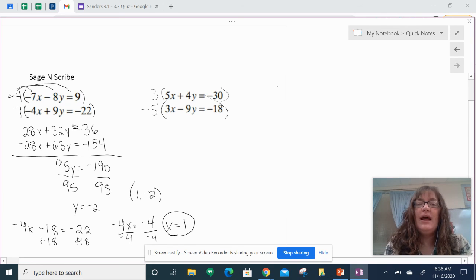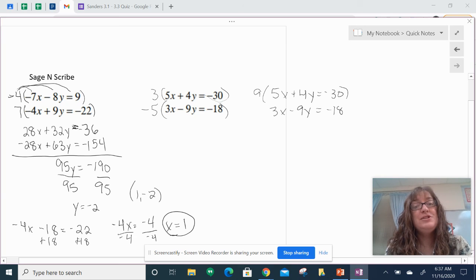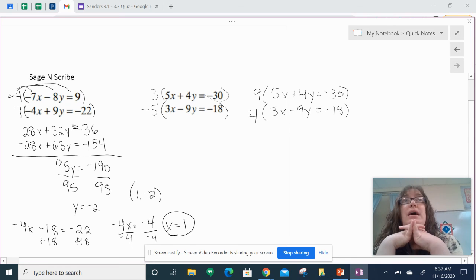The other option that I have, if I wanted to get y's opposite, is I could multiply, because they're already opposite signs, the top equation by 9 and the bottom equation by 4.